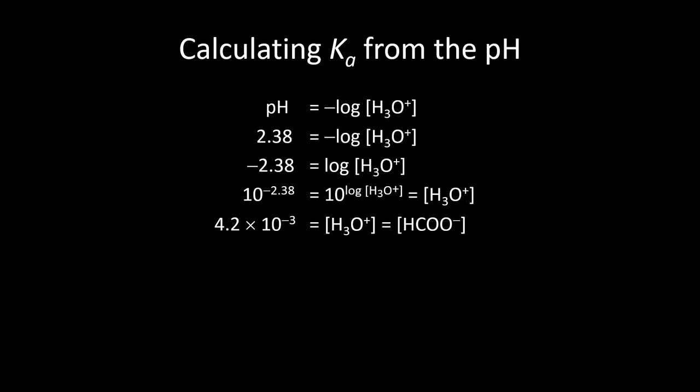So if we plug the pH into the pH equation here and solve for H plus, what we get is 4.2 times 10 to the negative 3. What they did there is bring the minus over to the other side and take the anti-log of both sides, and that gave this value, which is equal to both H plus and the conjugate base.